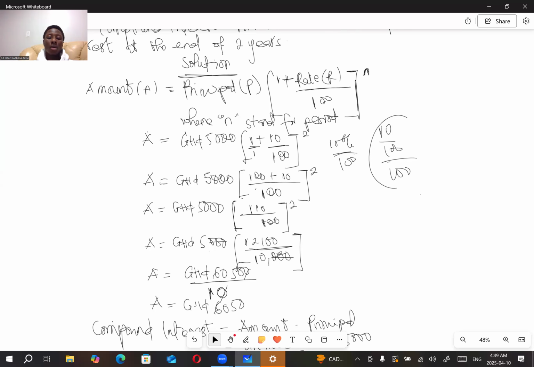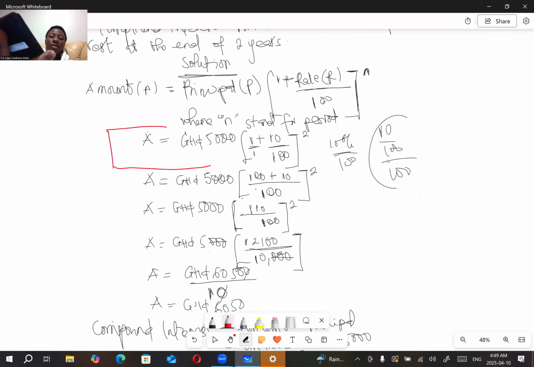Let me highlight which area we punch in. Let me use the red ink. This step is what I'm talking about. This very one. So start with 5,000. So punch 5,000. Open a bracket. You know where you can find a bracket, right? It's on this key written HYP, right?